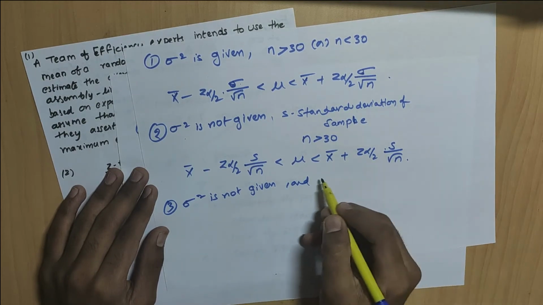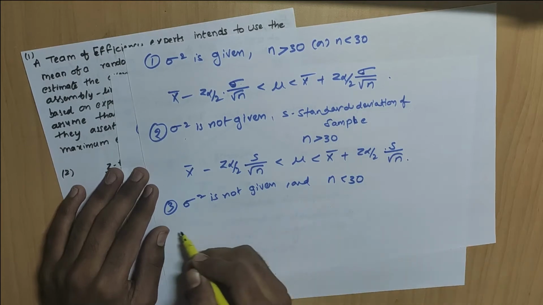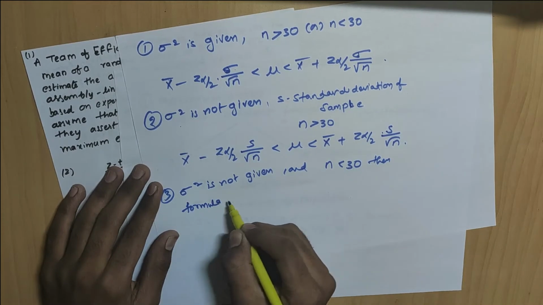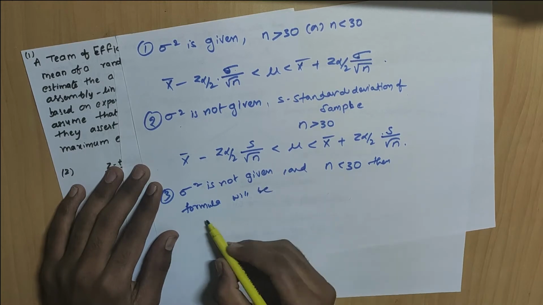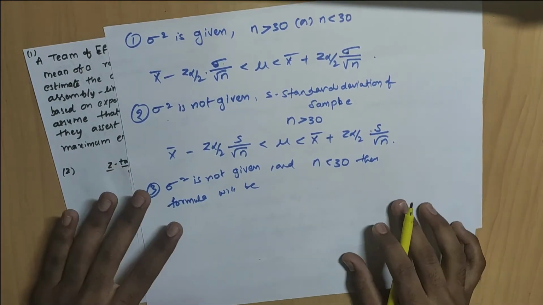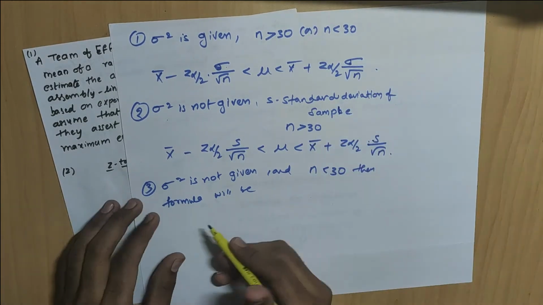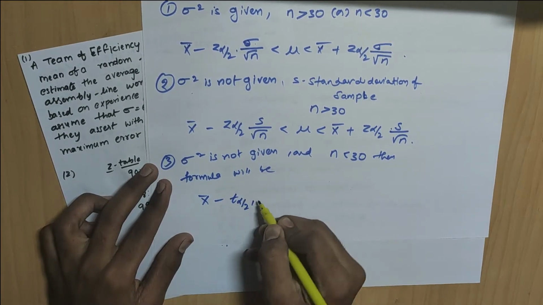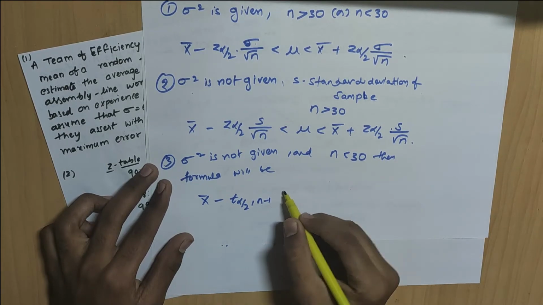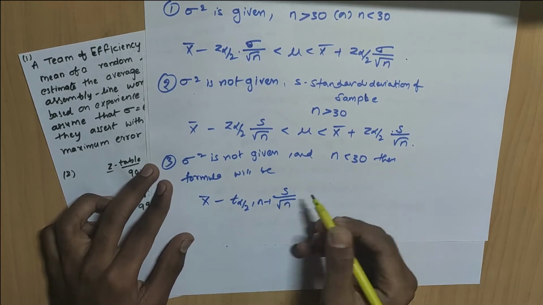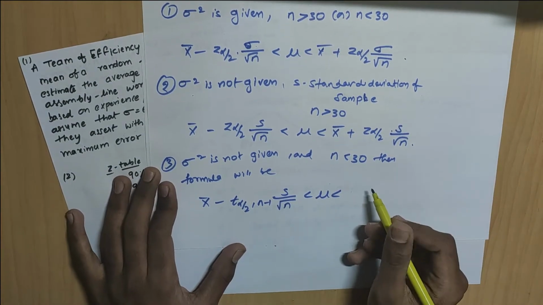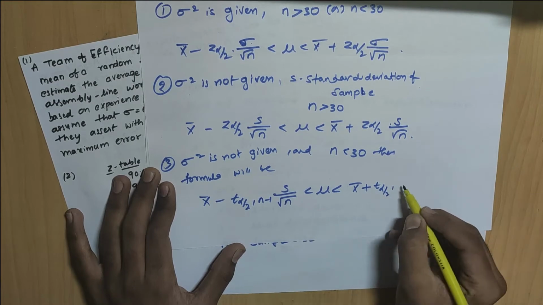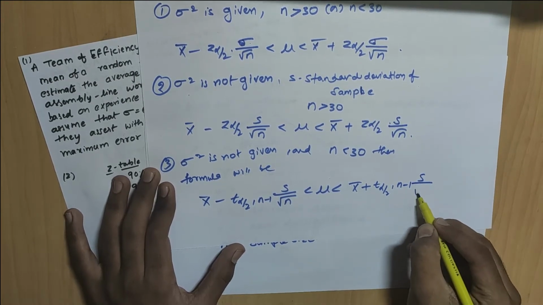And there is the other case, when sigma square is not given and n is less than 30. Then the formula is a little bit different from these two formulas: x bar minus t alpha by 2, n minus 1, s by root n, less than mu, less than x bar plus t alpha by 2, n minus 1, s by root n.